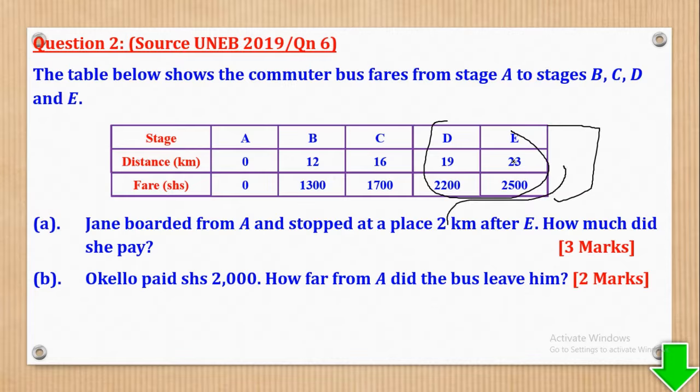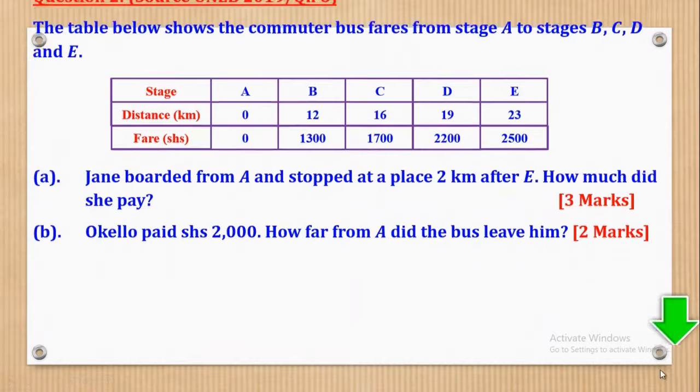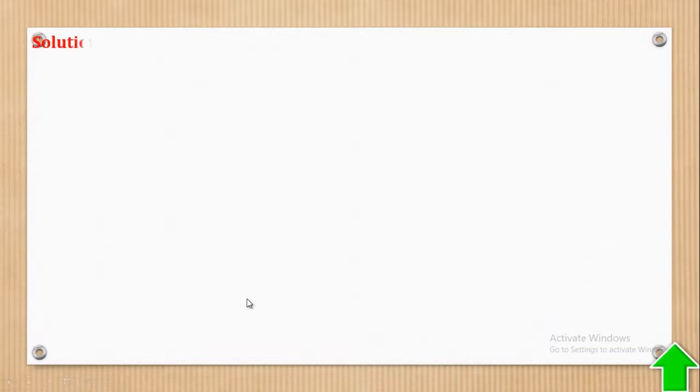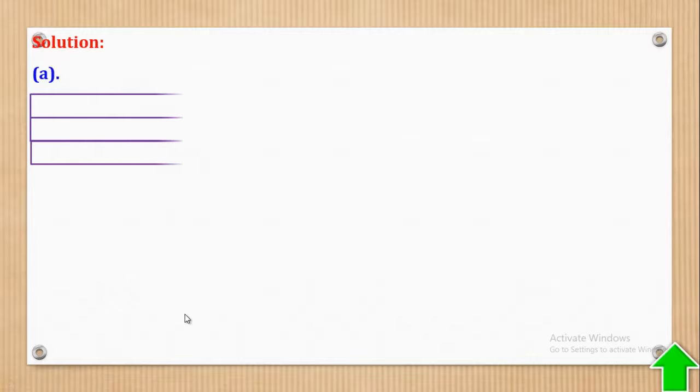So 2 more kilometers means that it will be 23 plus 2, which is 25 kilometers. So here we're going to extract out the values.